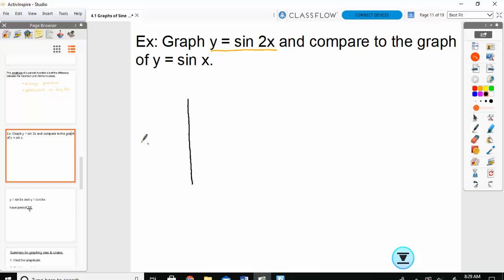So if we graph this, here are the points we've been using: 0, pi over 2, pi, 3 pi over 2, and 2 pi.